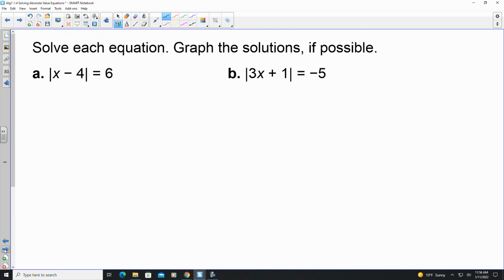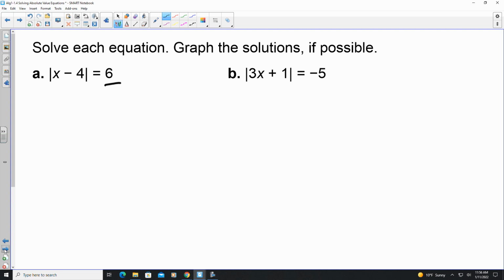So for instance, if we look at example A, I have the absolute value of x minus 4 is equal to 6. Since there's nothing else on the absolute value side of the equation, that absolute value expression has already been isolated. And 6 is a positive number, so now I can move forward.